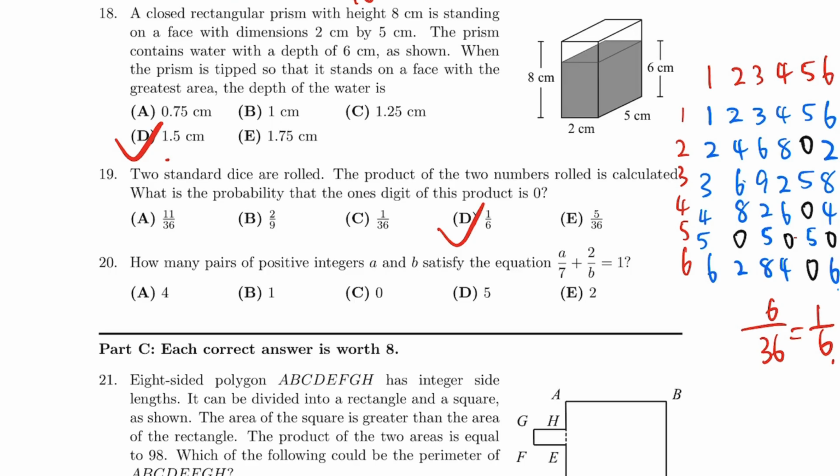20. How many pairs of positive integers a and b satisfy the equation a over 7 plus 2 over b is 1? Okay, so this one, we also need to list all the possibilities.